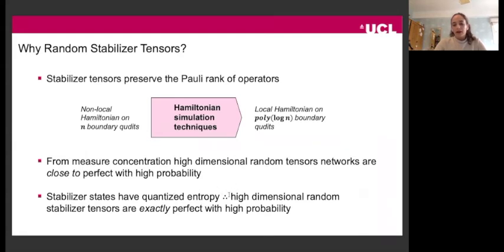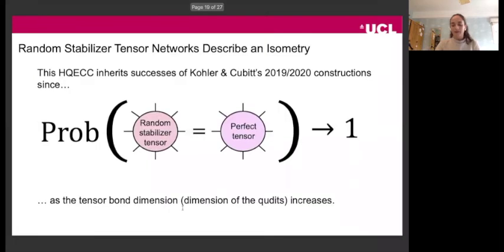So we can actually bound the probability of high dimensional random stabilizers being exactly perfect just by making the deviation smaller than the quantization unit. And then this is all useful since with high probability, we have exactly the same setup as in the work that Tamara described earlier. So all of that work using the tensors being isometries and describing maximal distance code can all just be directly recycled with high probability.